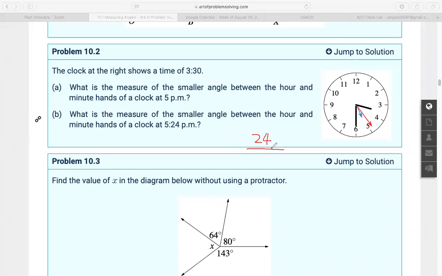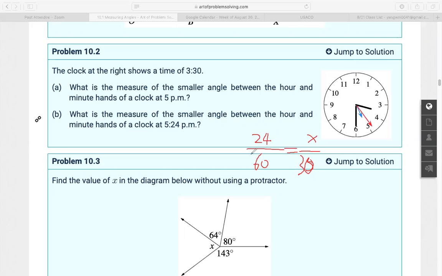So then we need to get a ratio. 24 over 60 equals x over 30. If the minute hand moves one circle, that's 60 minutes, that's 1 hour, right?